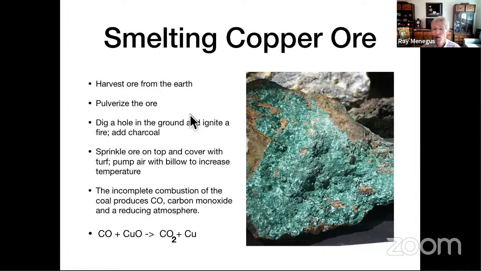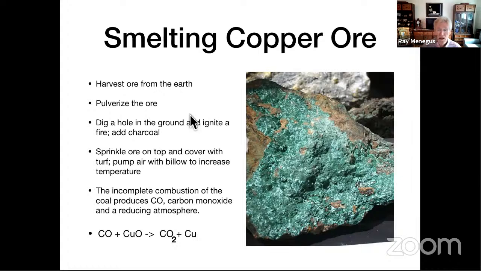Insert a bellows and blow oxygen into your hole, your little furnace, to keep the fire going and to increase the temperature in your little earthen furnace. And what this does, and this is really important, is it doesn't allow the complete combustion of carbon. So wood has carbon in it.